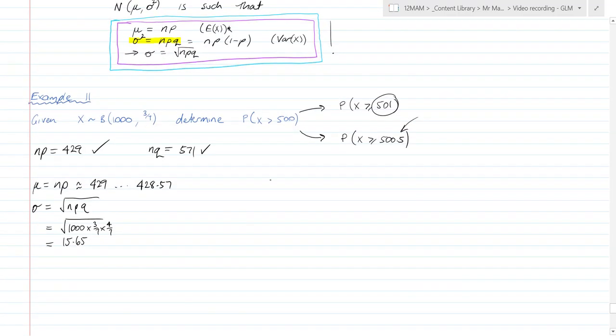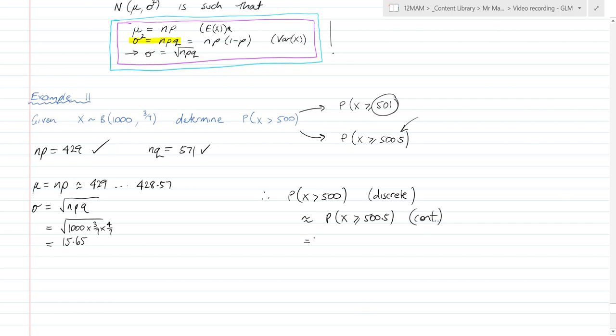Therefore, our probability that X is greater than 500, and this is discrete, is going to be approximately equal to our probability that X is greater than or equal to 500.5, which is continuous.